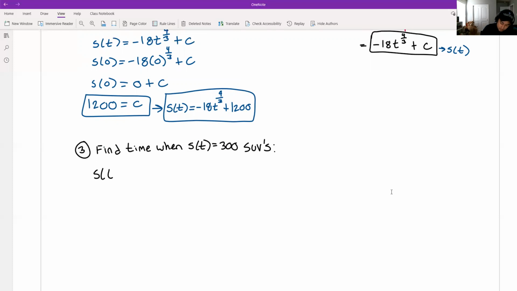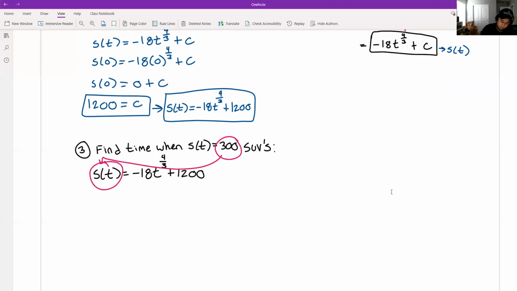S of t equals negative 18t to the 4/3 plus 1200. And now what we're going to do is take 300 and plug it in for all of S of t. So plug it in for S of t, not t. T is time. S of t is the number of SUVs. We're looking for time, so we can't plug anything in for t.